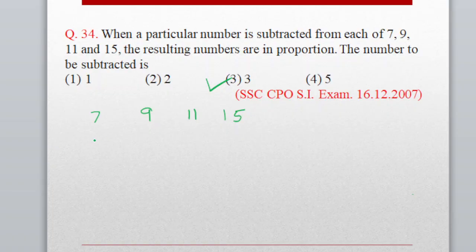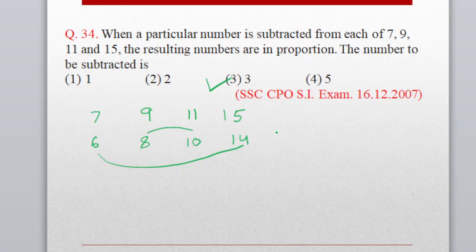Now if we are subtracting 1, then it will be 6, 8, 10, and 14. Now here, for the numbers to be in proportion, the product of extreme terms is equal to the product of mean terms. But here 14 into 6 is 84 and 10 into 8 is 80. That means both numbers are not equal.